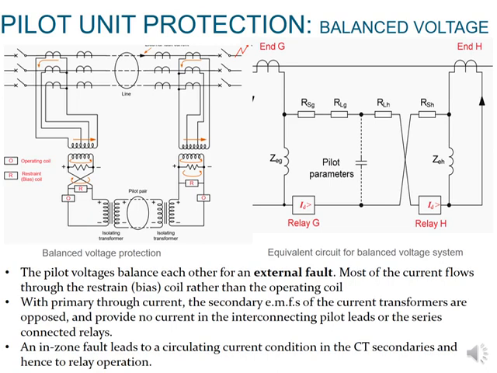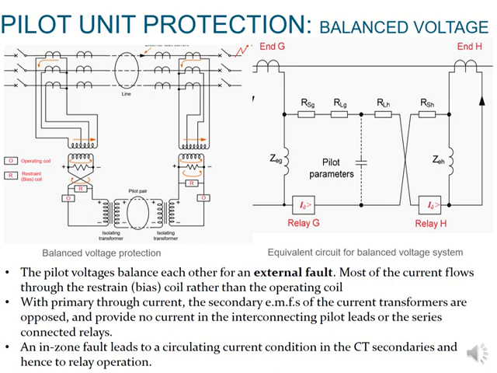So for that one, nothing is going to happen because most of the current flows through what I call my bias coil rather than my operating coil.